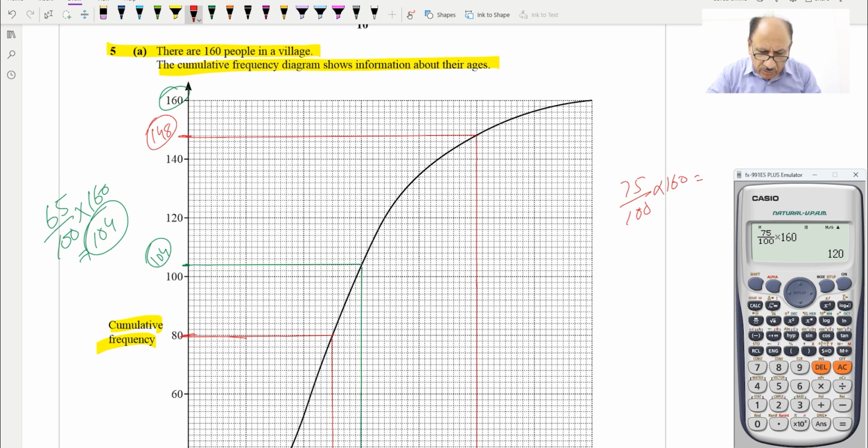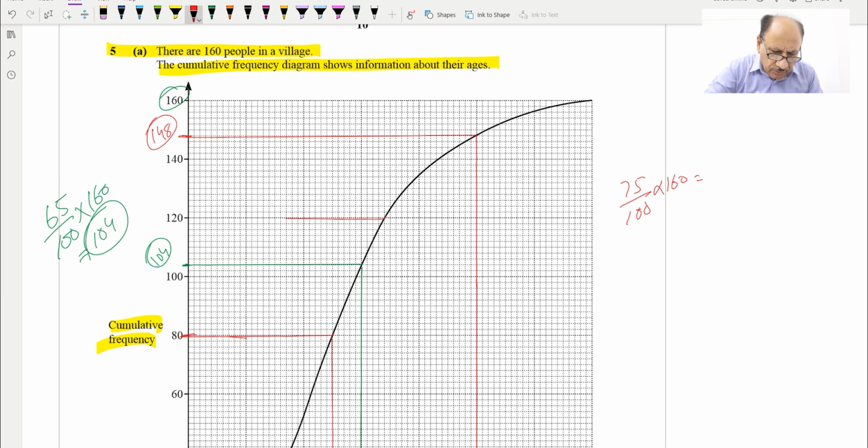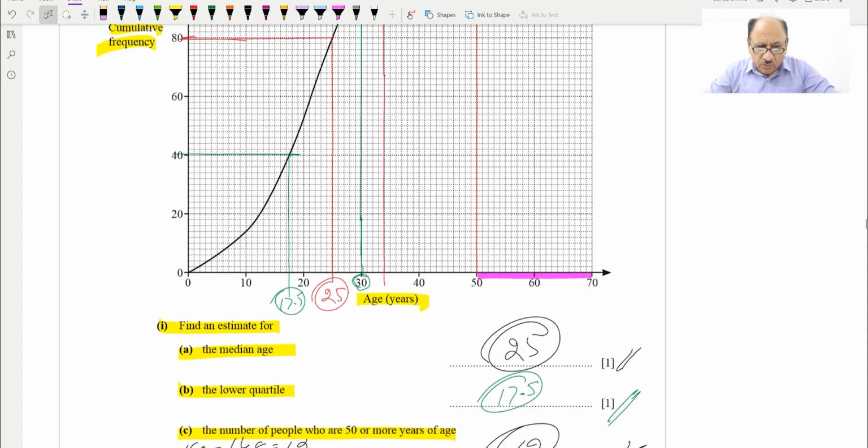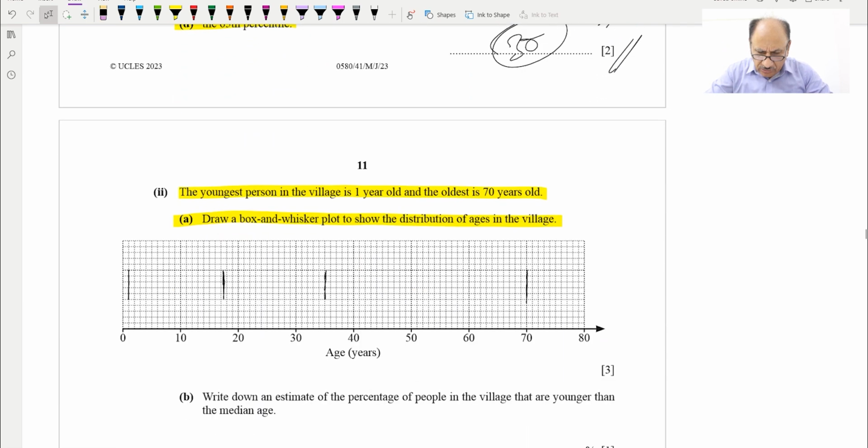So we'll take the 120 reference, and from this point we can check the x-axis side. So this will be over here, 34. So we will show 34 over here.